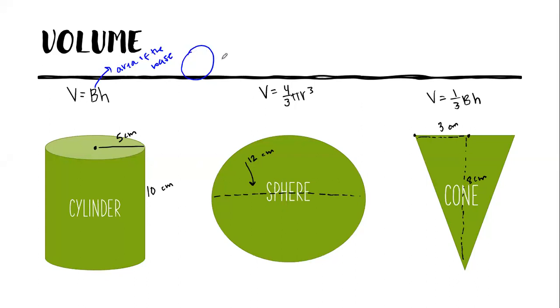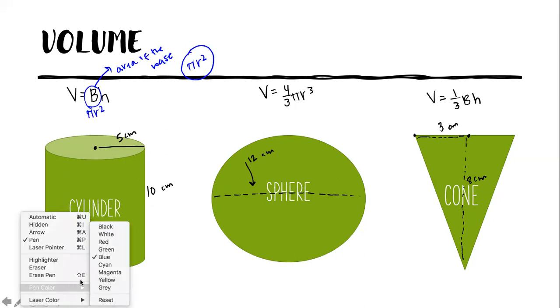Anyone remember how to find the area of a circle? Pi radius squared. Instead of writing capital B, we're going to write pi radius squared, because capital B stands for the area of the base.